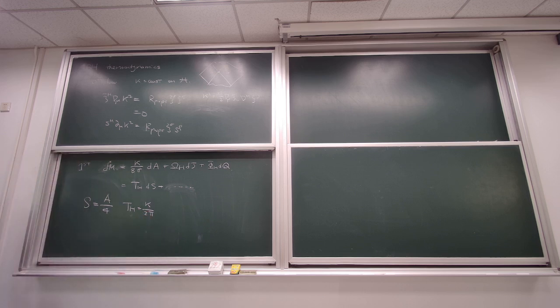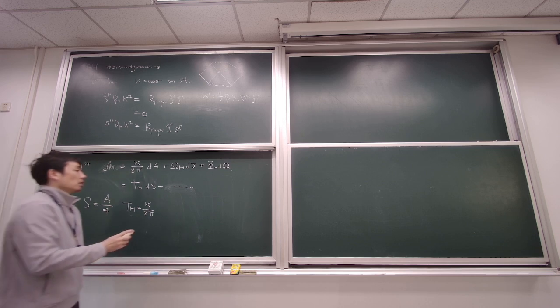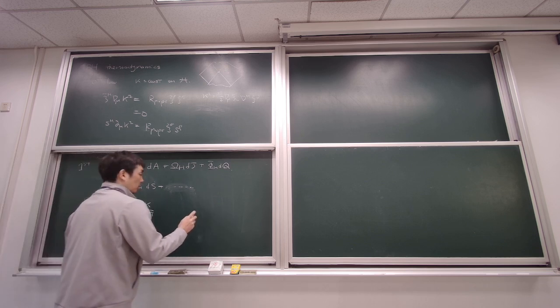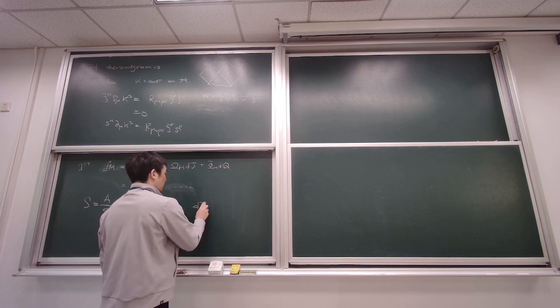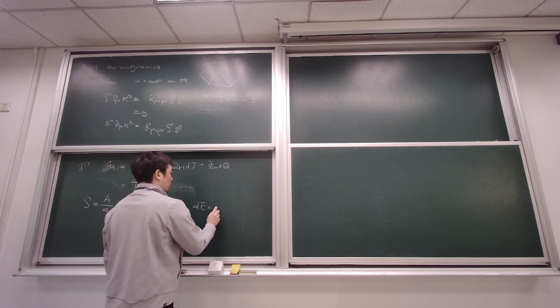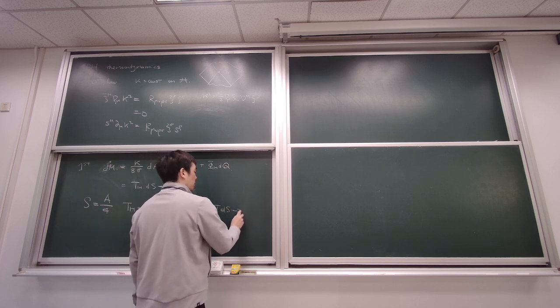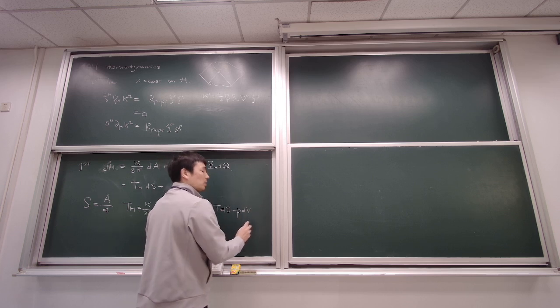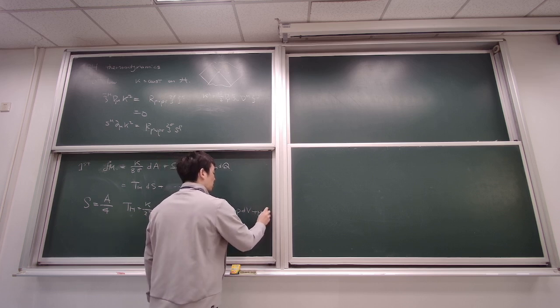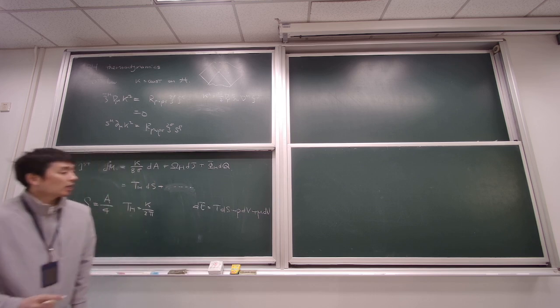Okay, so if you compare with the first law of thermodynamics, dE is equal to TdS, what was that? PdV, and what was that? Plus mu dN. Okay, mu dN.